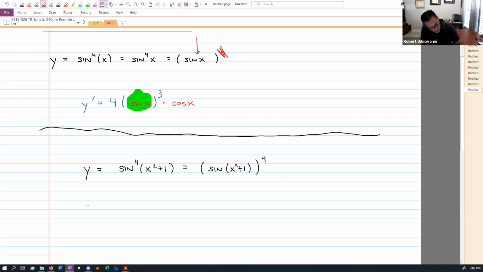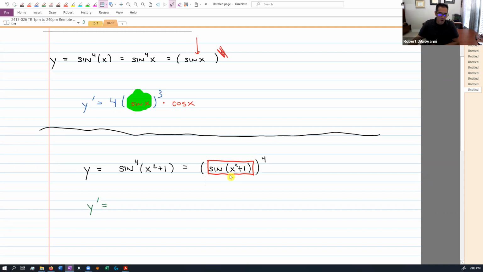All right, here we go. y prime. I have an inner function, x squared plus 1. That gets plugged into the sine. All of that gets to the fourth power. Triple composition. So I'm going to act like I have a big red rag and cover that up, a red box.